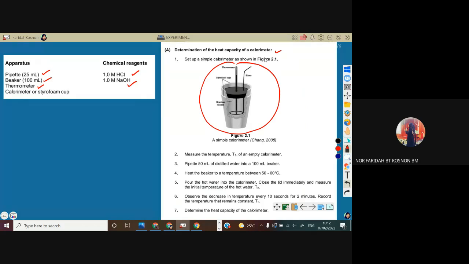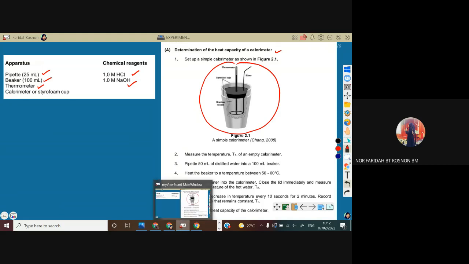Okay, alright. So now each calorimeter has their own tendency to absorb heat. Okay, setiap calorimeter ni ada kebolehan masing-masing untuk absorb heat.